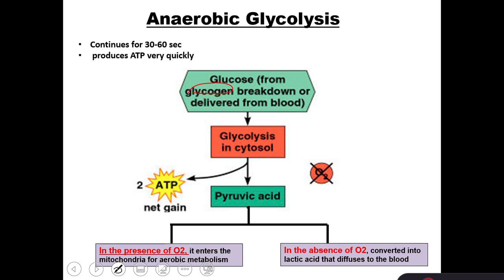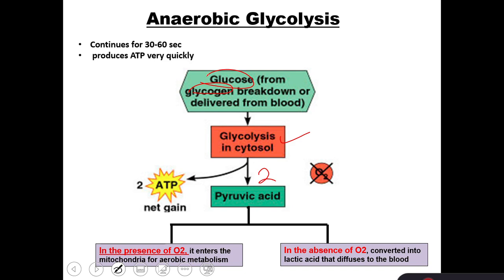This is split through the glycolysis process in the cytoplasm to produce two molecules of pyruvic acid.